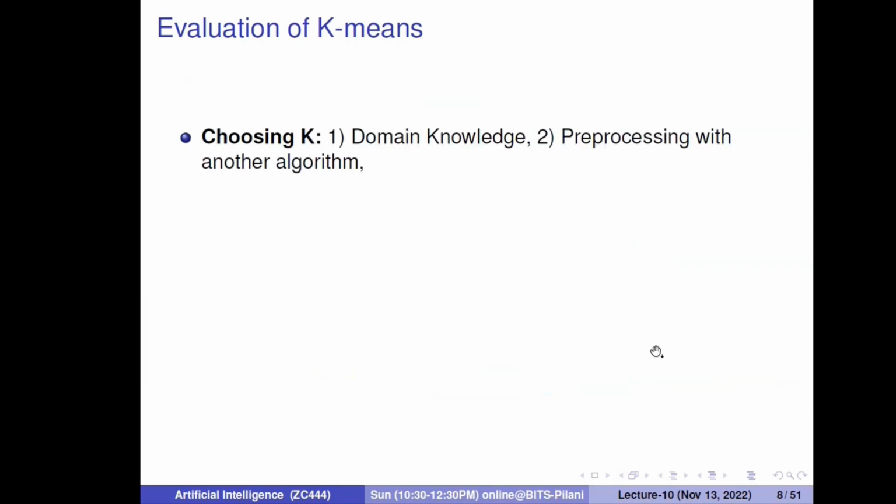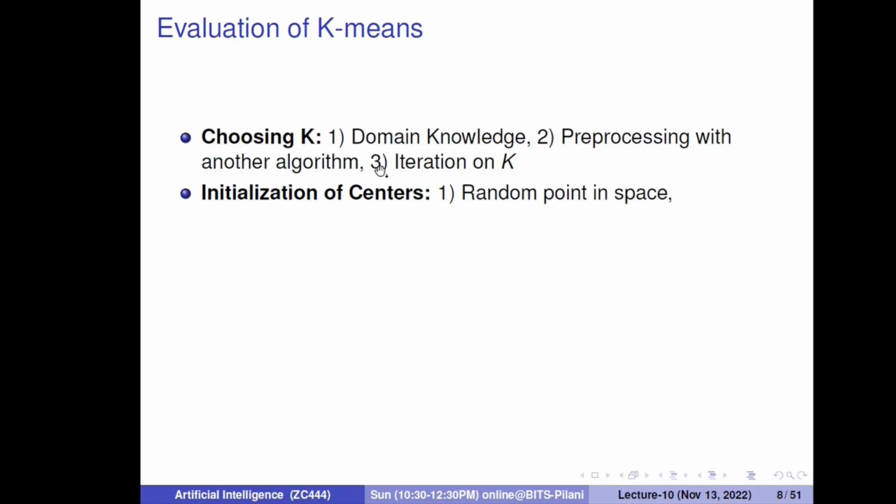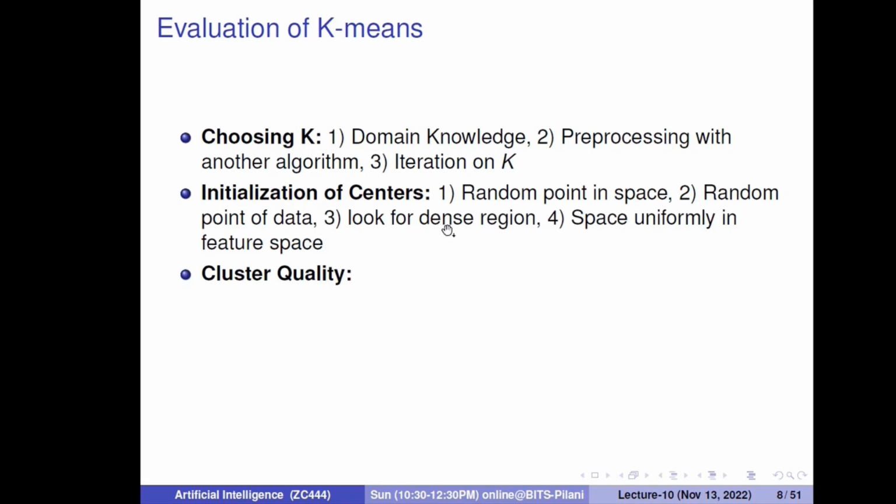As I told you, you do multiple iterations and find out the k. Another way could be that from domain knowledge you know what it is, or you apply some other algorithm to discover the value of k, and then you can explore nearby values. Center initialization, again, we have talked about: you can do it randomly, or pick random points of data, or look for the dense region, the places where there are more data items.